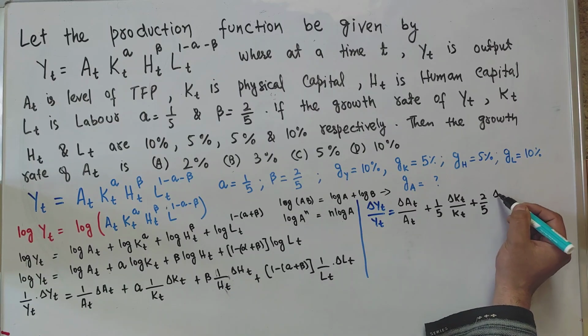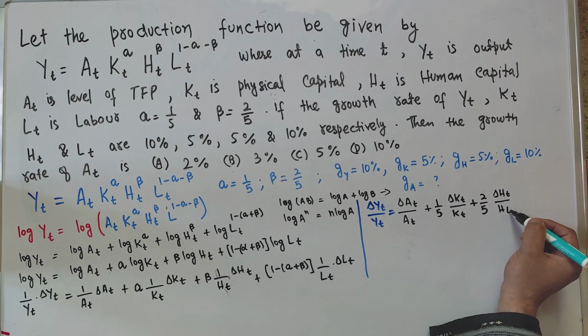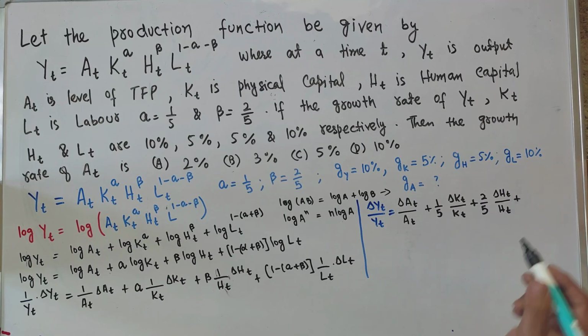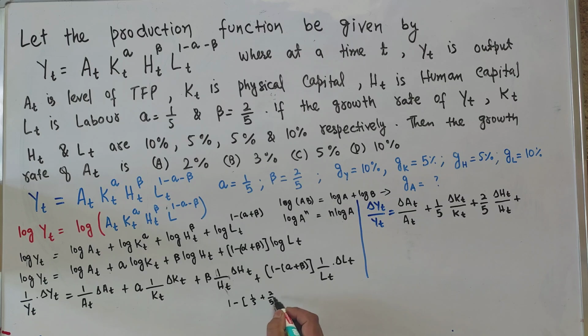Okay, so del ht upon ht plus then we have 1 minus alpha plus beta, and let us see what is 1 minus alpha plus beta. Alpha is 1 upon 5, beta is 2 upon 5, which implies it will become 1 minus, the denominator is same, we can add up the numerator.